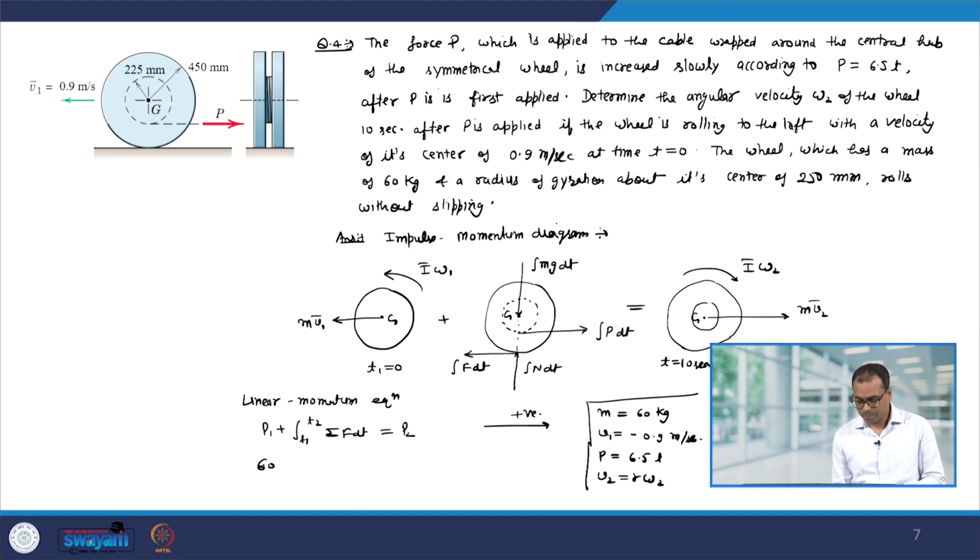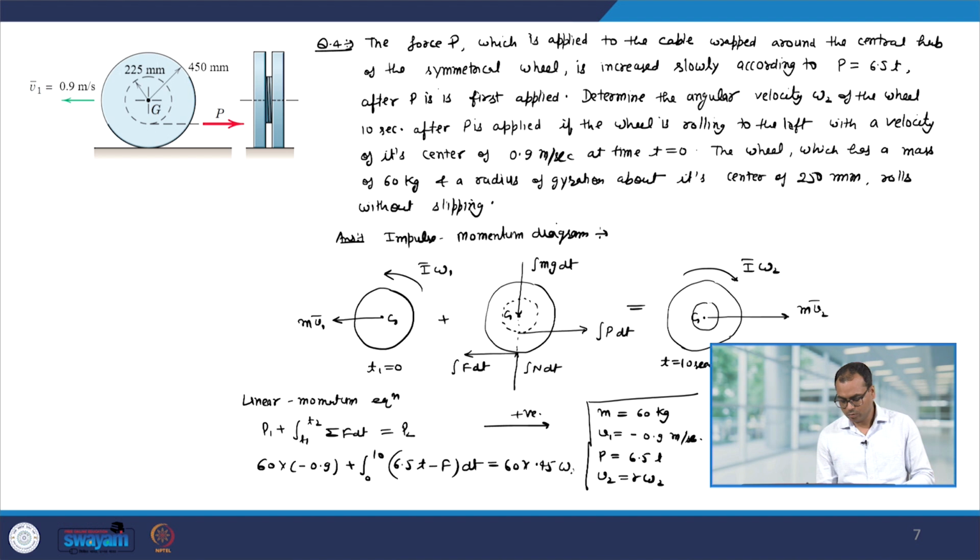We have 60 into minus 0.9 plus integral 0 to 10 of (6.5 t minus F) dt equal to 60 into 0.45 into omega 2. Let me call this equation number 1.